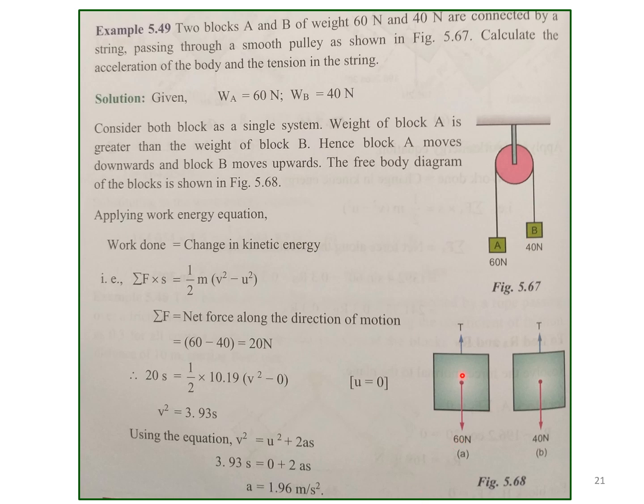So the net force in the direction of the motion will be 60 minus 40, since this block is moving down and this block is moving up.